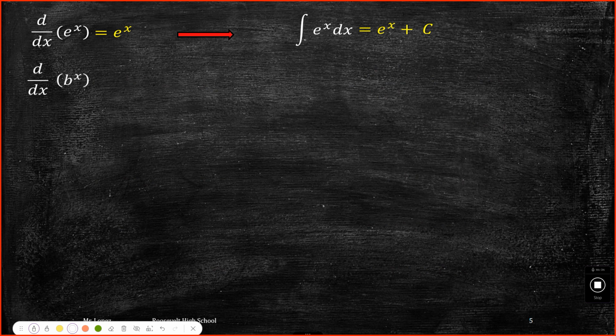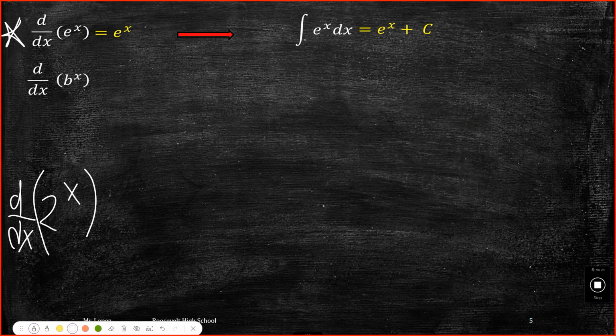The derivative of b to the power of x, this is definitely essential right here. You need to know this. Do you remember what it was? 2 to the x, the derivative of some exponential.